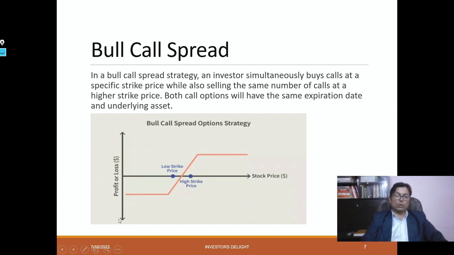Because of that, it will form a situation where the trader will gain from a little rise in stocks and will lose from a little loss in stock, but ultimately it will be capped at both ends.